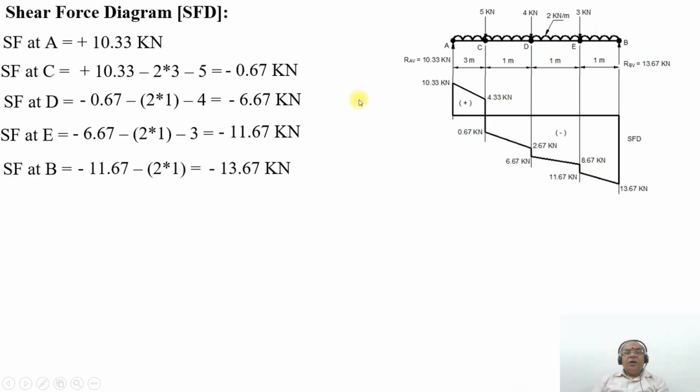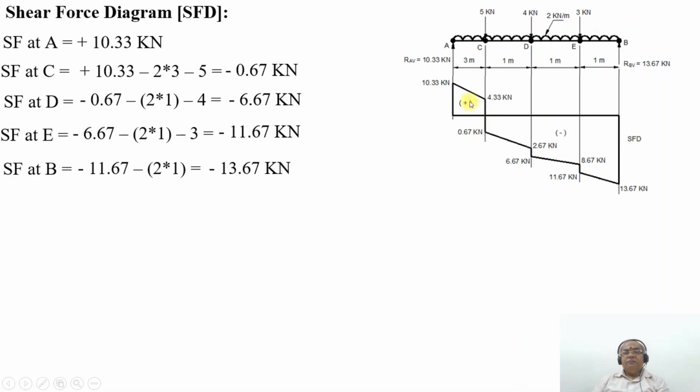Therefore, due to the UDL, SF drops down from 10.33 kilonewton to 4.33 kilonewton in the positive direction. But due to the presence of the point load at the point C, which is minus 5, that will be equal to minus 0.67 kilonewton.